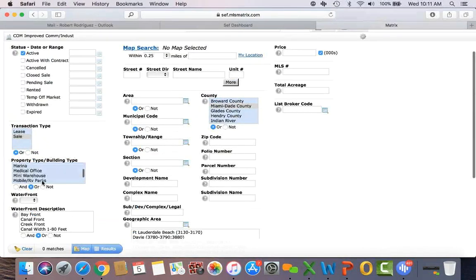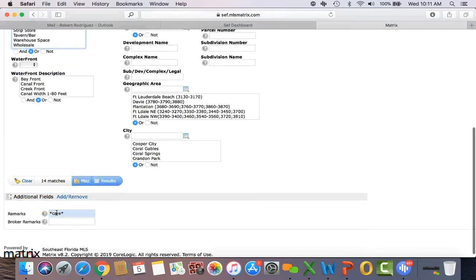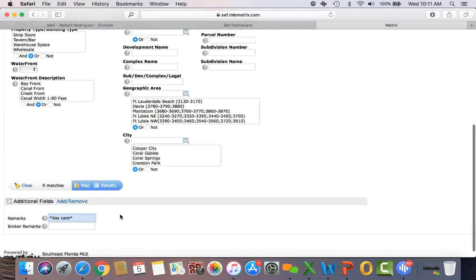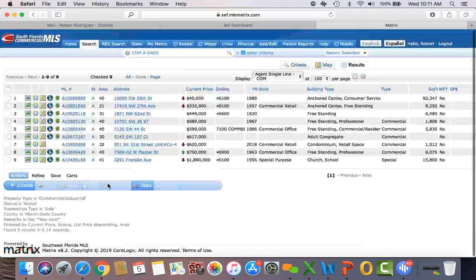And it could be, yep, that's why, because we're doing office space. You must clean that out. So now we are getting results. All right. So day space care. So there's 9 matches for daycare under the remarks field, and you want to hit results.